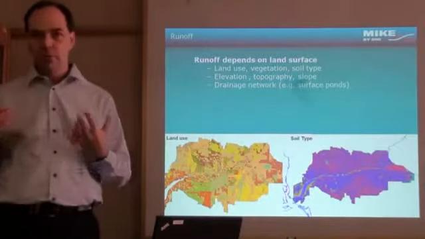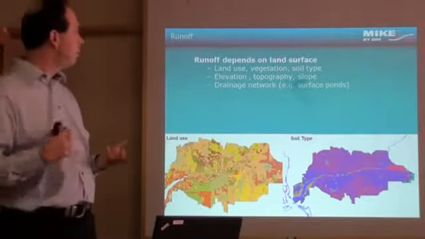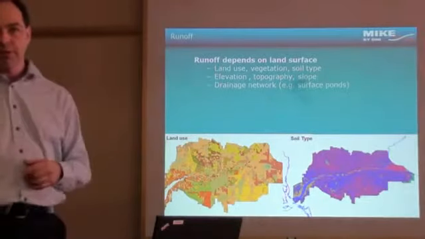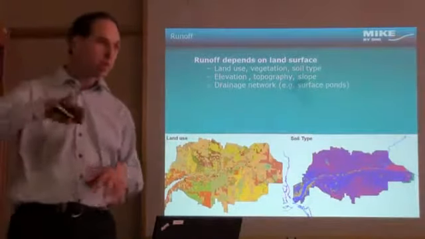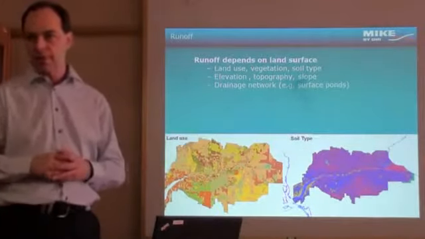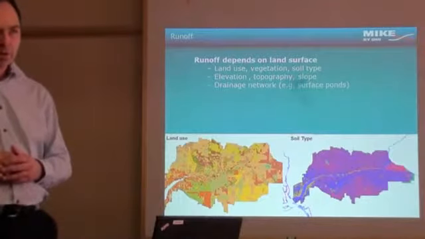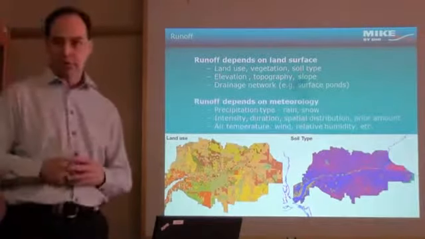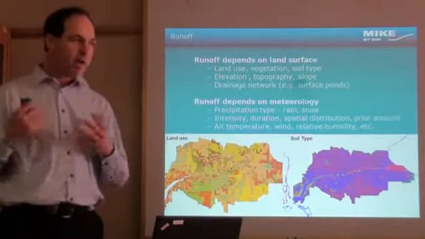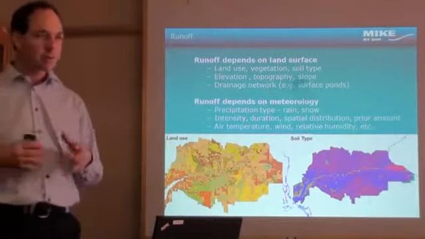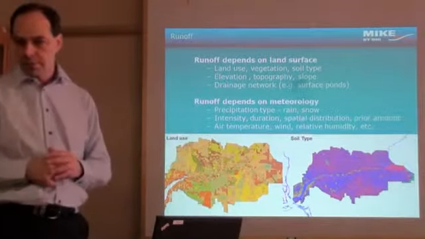And that runoff is a function primarily of the land surface: land use, vegetation, soil type, topography, elevation, slope, and all these sorts of things contribute to that process we call runoff. The other contributing process to runoff is the meteorology. If it rains very hard, very intensely, we'll get more runoff than if it rains slowly over a long period of time.